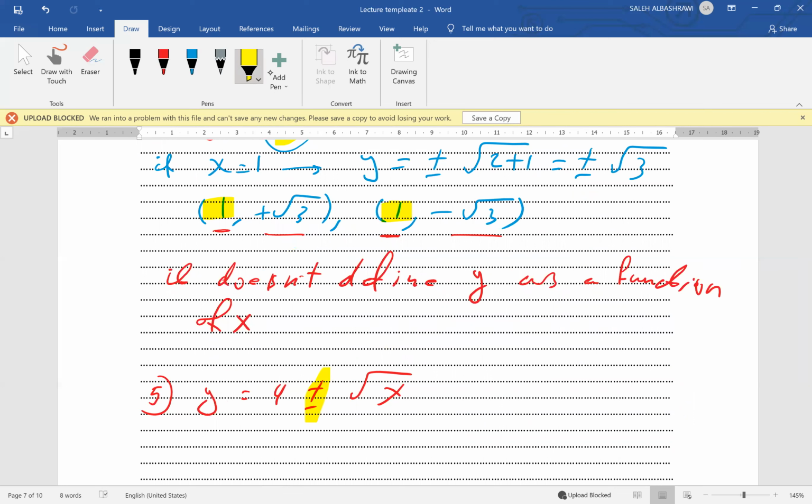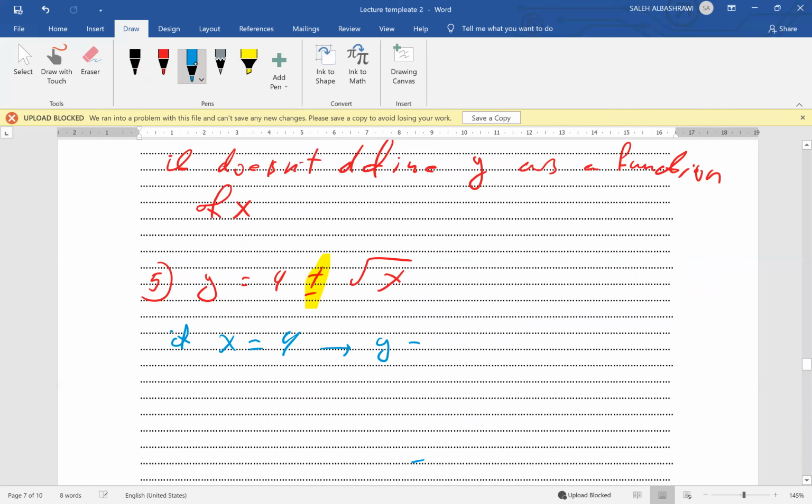For example, if x equal to 4, then y is equal to 4 plus or minus the square root of 4. That will be 4 plus or minus 2. If we take the positive one, 4 plus 2 is equal to 6, and 4 minus 2 equal to 2.